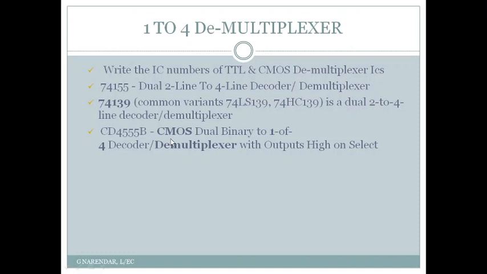This is a CMOS dual binary to 1-of-4 decoder or demultiplexer with outputs high on select. It is also a dual IC, containing two similar circuits, 1 out of 4 decoder or 1 to 4 demultiplexer.